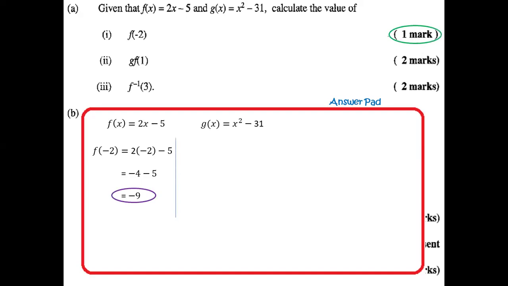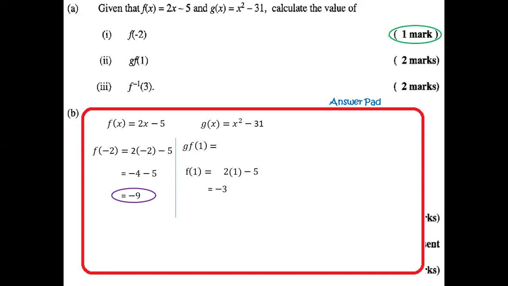for 1 mark. Now, we have gf of 1. And we are seeing this for the third time. What we're going to be doing is putting 1 into the f function first. 2 times 1 minus 5. Anybody knows the answer? Minus 3. 2 times 1 is 2, and we take 5 from 2 is minus 3.